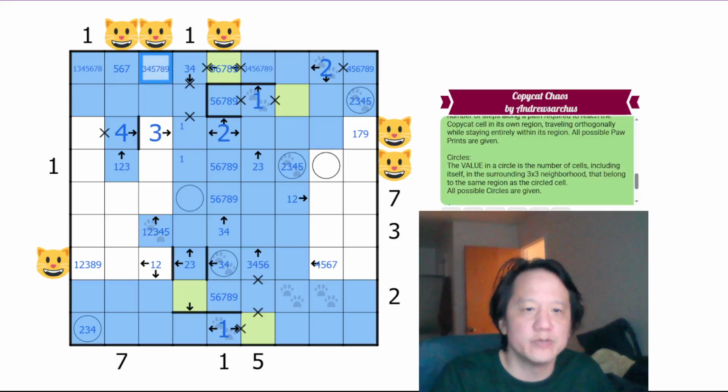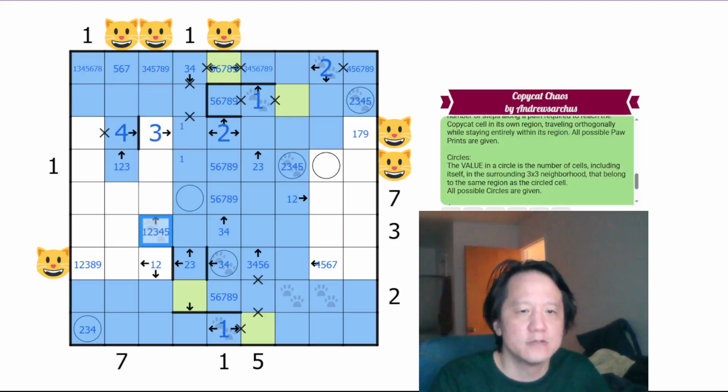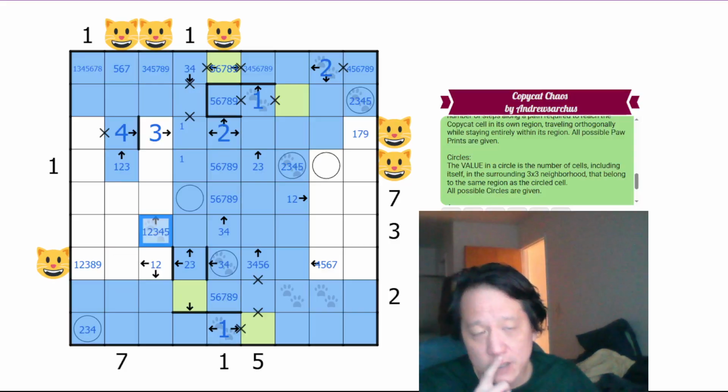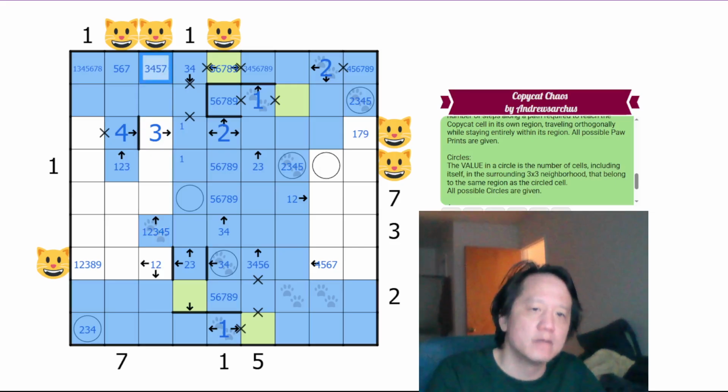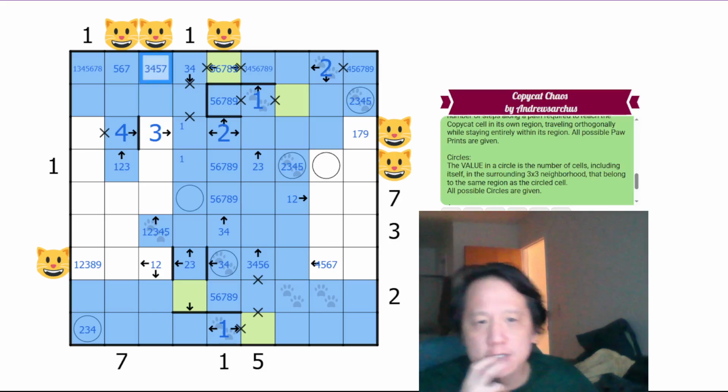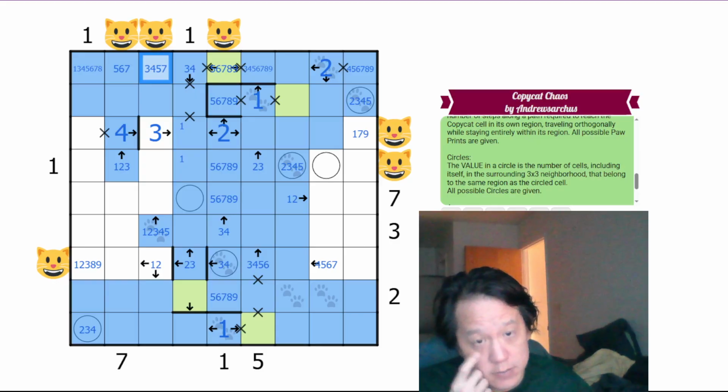So this cannot be 6 because of Copycat. So can't be Copycat cell. Cannot be 8 and 9. Interesting. Let's see.